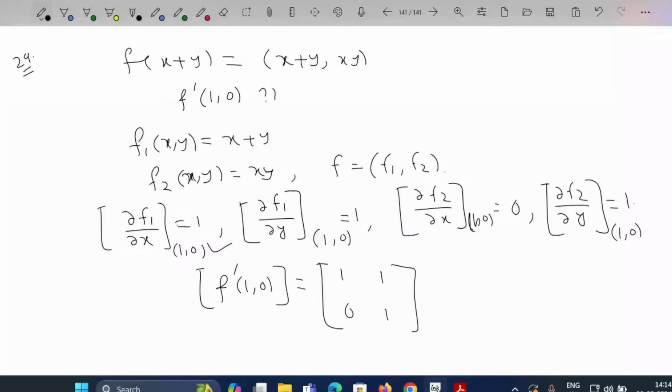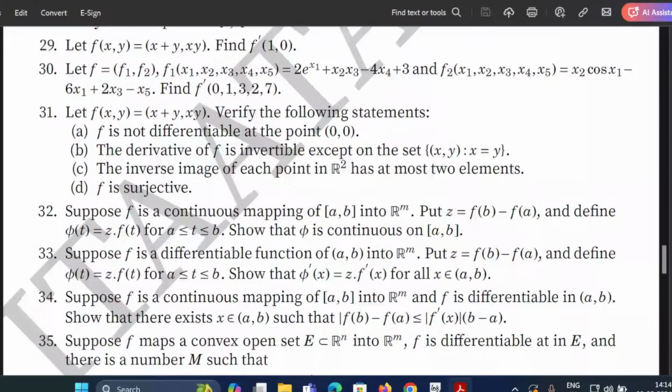F is differentiable at the point (0, 0), but you can say that F'(0, 0) is not an invertible matrix. Okay, the next statement: the derivative of F is invertible except on the set {(x, y) : x = y}. So again calculate, is it a correct statement? The derivative of F is invertible except on the set, that is the line y equals x. Is it correct or false?